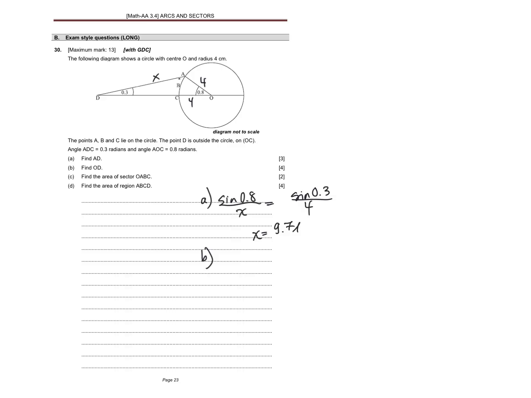Okay, so we can find this angle, which is going to be pi, because a triangle adds to pi, 180. So if we do pi minus 0.3 minus 0.8, that gives us 2.04.